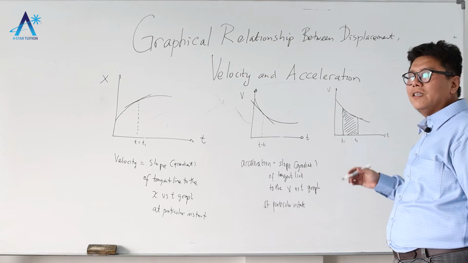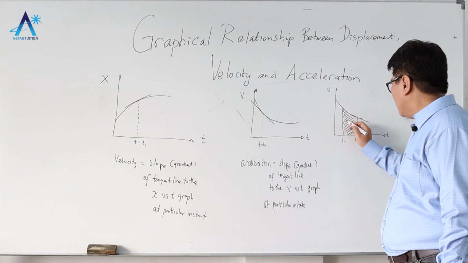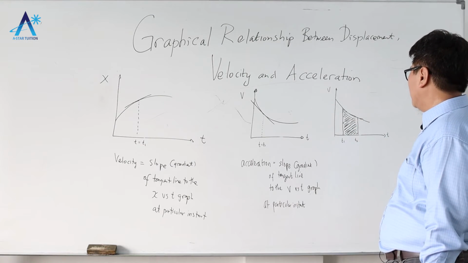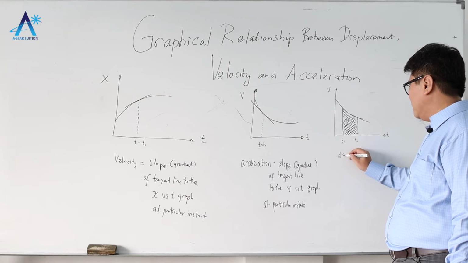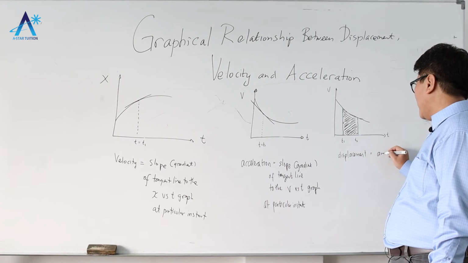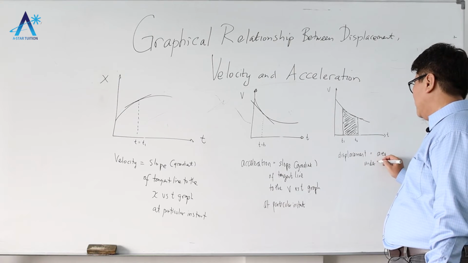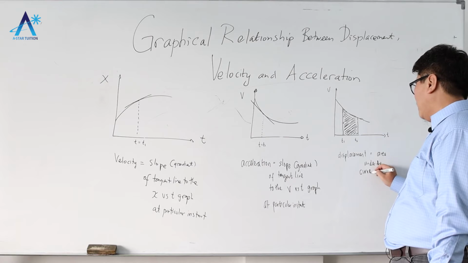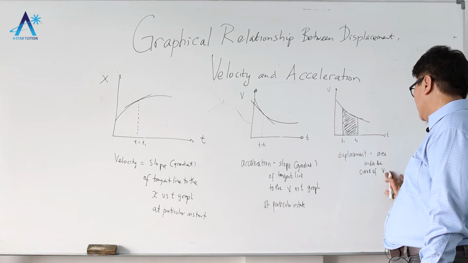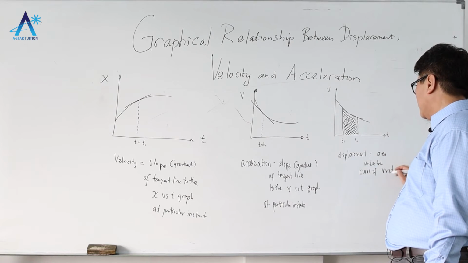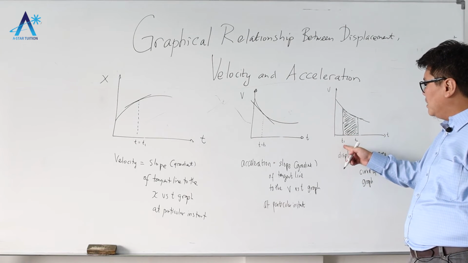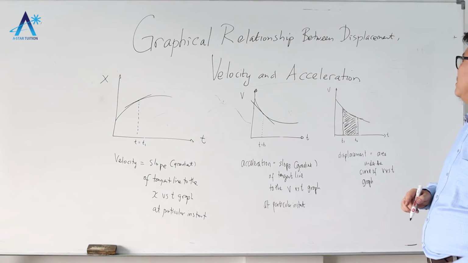If the area is known, then the displacement can be obtained. So the displacement is equal to the area under the curve of the velocity function of time graph, from this particular instant to that particular instant.